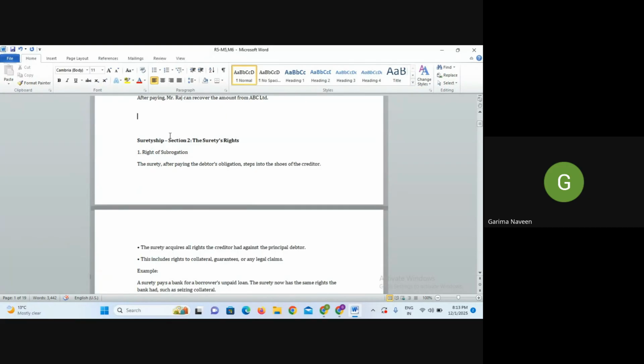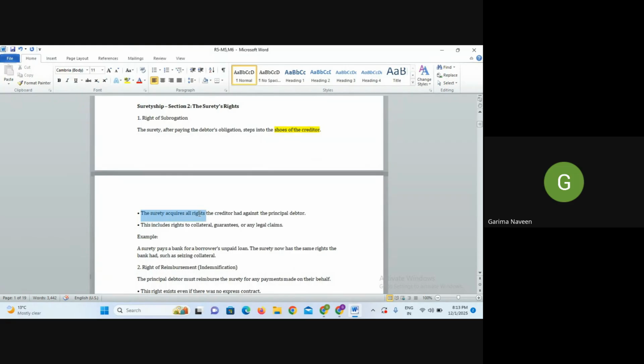Okay, so next are the surety's rights. What are the rights of the surety here? The right of subrogation. Subrogation means that if the surety pays the debtor's obligation, then he comes into the shoes of the creditor, as I just discussed. The surety acquires all rights the creditor had against the principal debtor.